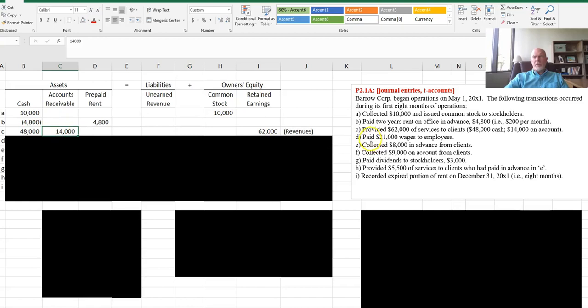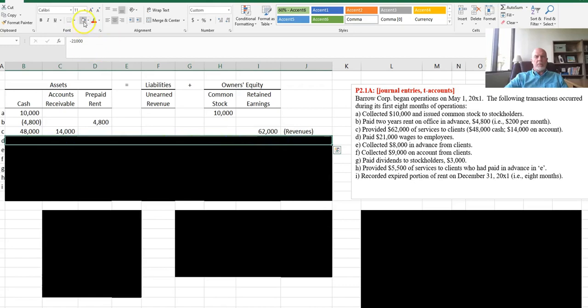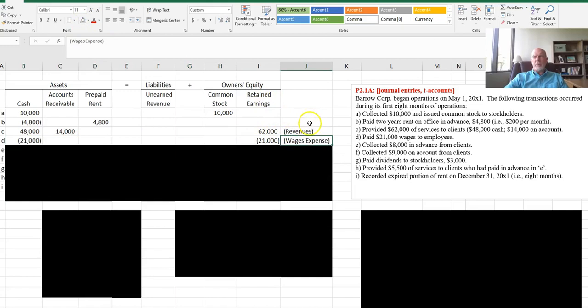Item D is we paid $21,000 in wages to employees. So we paid $21,000 cash, that reduces cash, and we are paying our employees for work that they did. That's already in the past. We're not paying for a future benefit, we're paying for what they've already done. That's an expense.